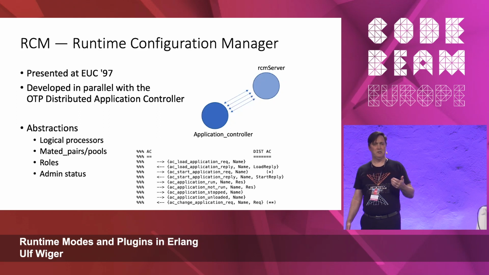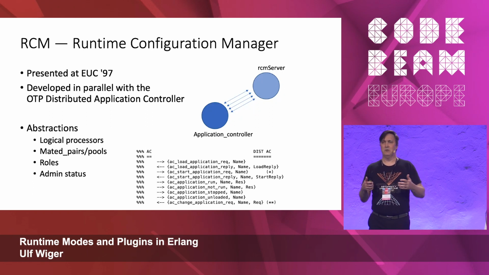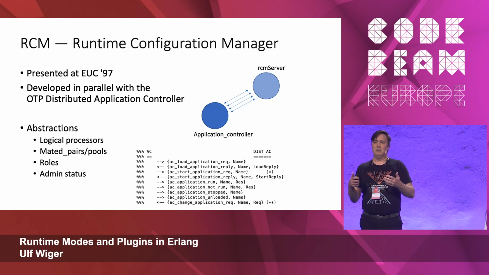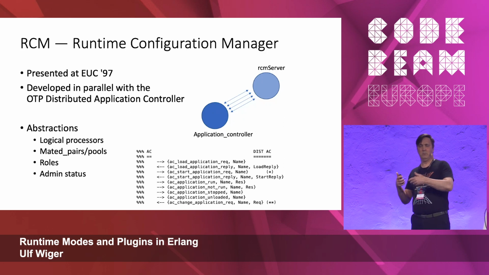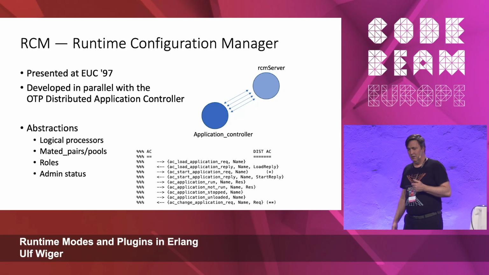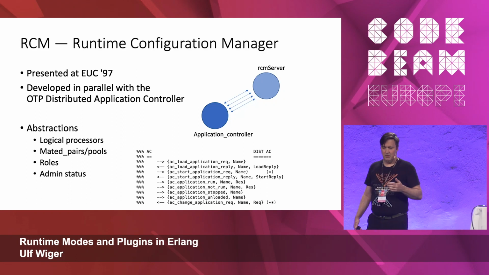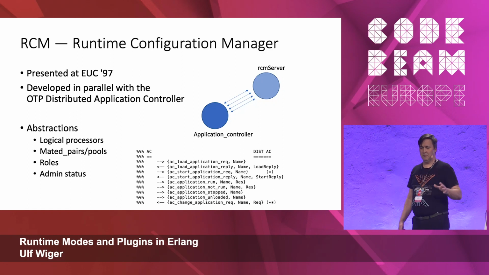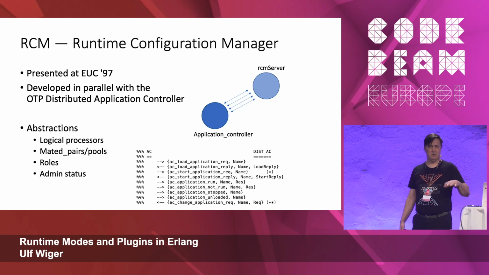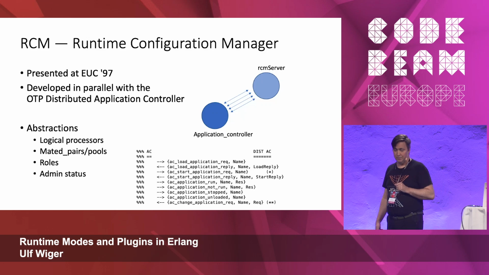We figured out pretty recently that since it's probably not used by anyone, it turned out that it doesn't work together with application ensure all started, which, for example, Rebar is using in the Rebar console command, which probably everybody uses. And it turned out that it was pretty hard to fix. So that was something I scrapped when I was looking into how to support maintenance mode in the Eternity node.